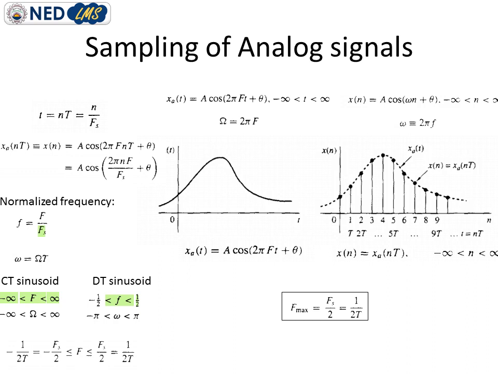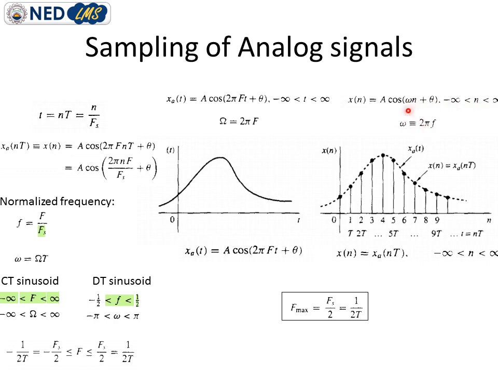Here you can see that omega is represented by ohm for the continuous time sinusoid, and we know that ohm is equal to 2 pi F. If you look at the expression of the discrete time sinusoid, then you can see that the expression is A cos(omega n plus theta), where n varies from minus infinity to plus infinity, and here again omega is equal to 2 pi f.